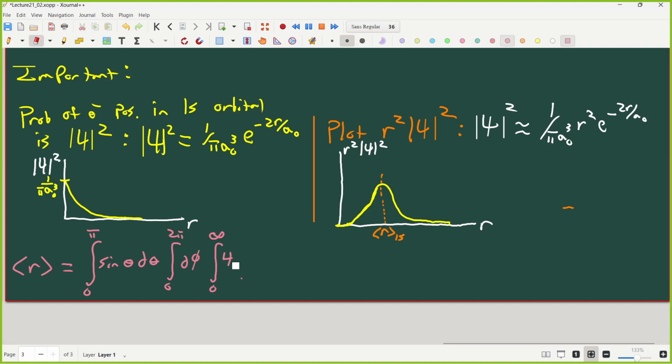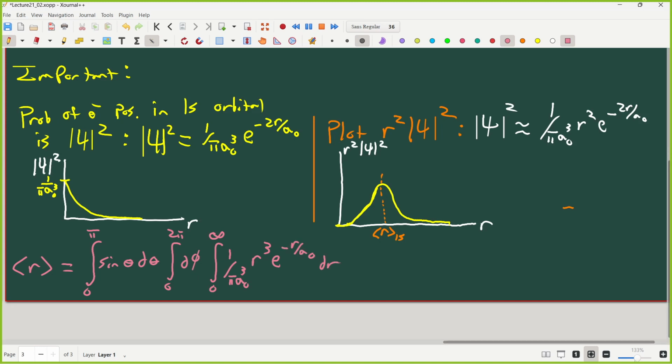I'm canceling out some pi's accidentally. I need to keep the pi's in. Okay, yeah. This ends up being 1 over pi a naught cubed times r cubed, e to the minus r over a naught dr.